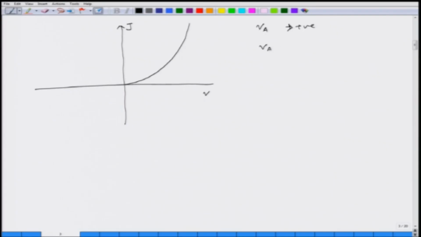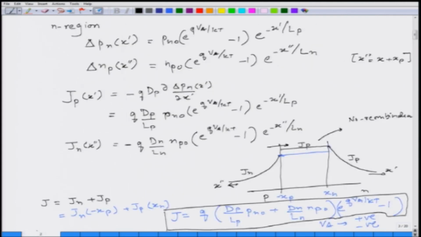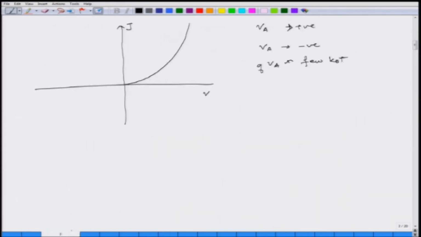When V A is negative in the reverse bias, then as soon as q V A is approximately a few k T, I will find that the exponential term goes towards 0.